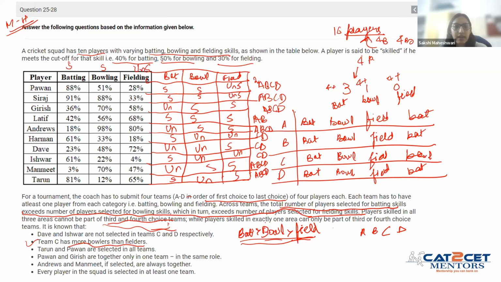So Tarun and Pawan, they are in A, B, C, D, all of them. One is Tarun, one is Pawan. So we already have two players, right?